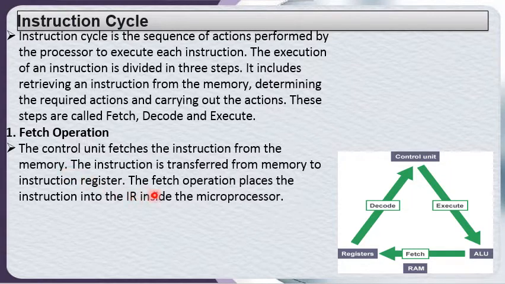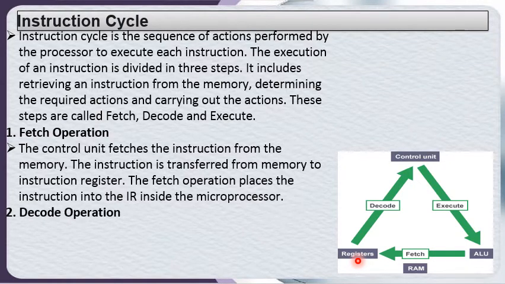The fetch operation places the instruction into the IR, the instruction register, which is inside the microprocessor. So the data which is in RAM is fetched from main memory and put inside the registers. Which register? The instruction register of your processor. So the data is now inside the register, and the control unit is responsible for that.